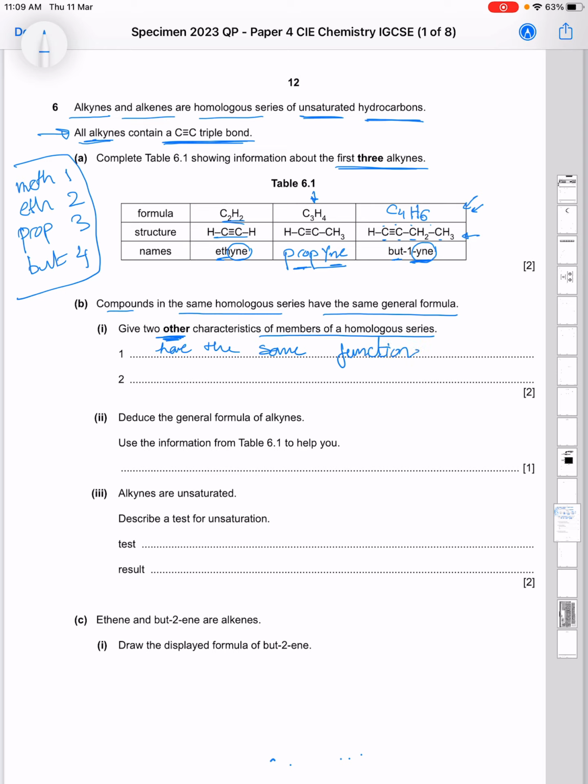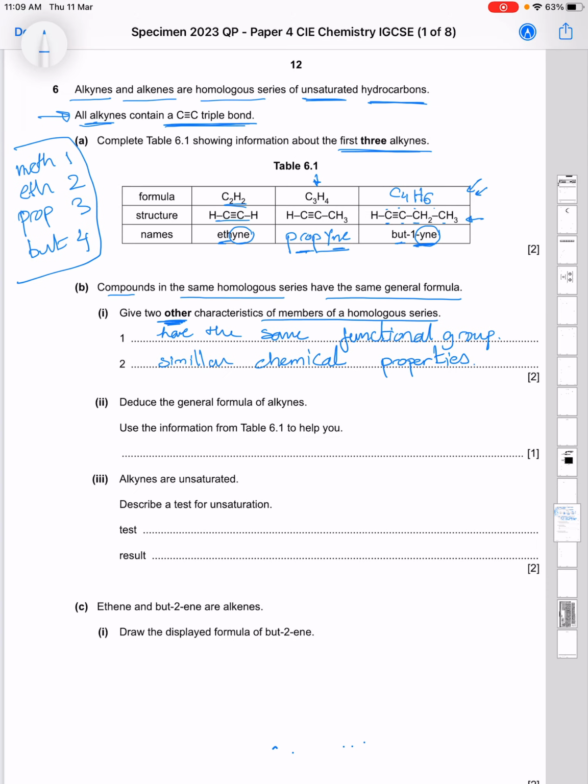Since they share the same functional group, they basically have similar chemical properties. Physical properties are not the same, but they show a trend.